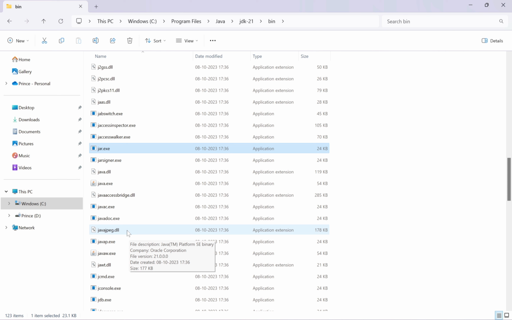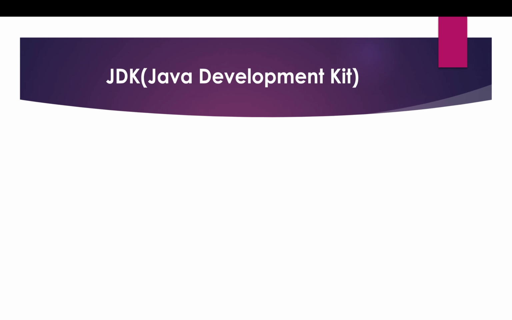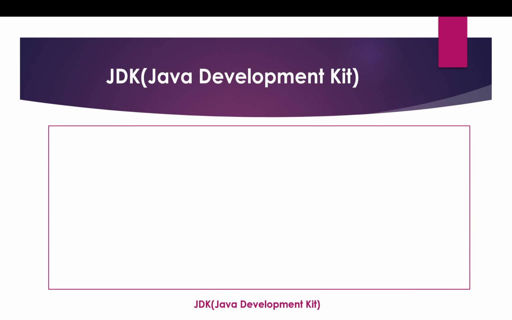So let's go to the diagram and see all these components and parts of the JDK in detail. So now let's see what is JDK, Java Development Kit. I showed you the JDK folder, which is generated once you download and install the JDK for any version. Inside the Java Development Kit, there are two parts.